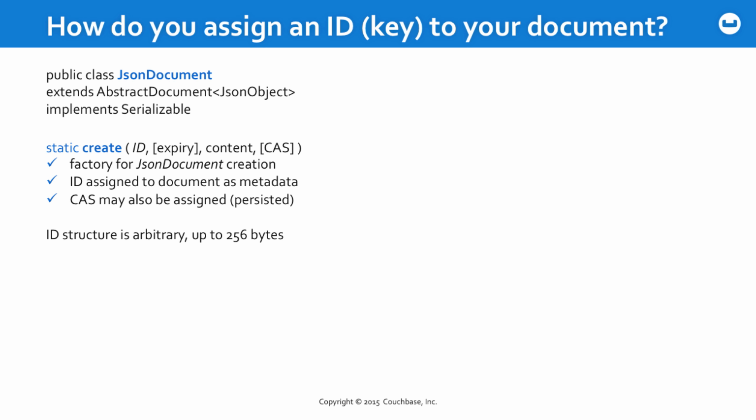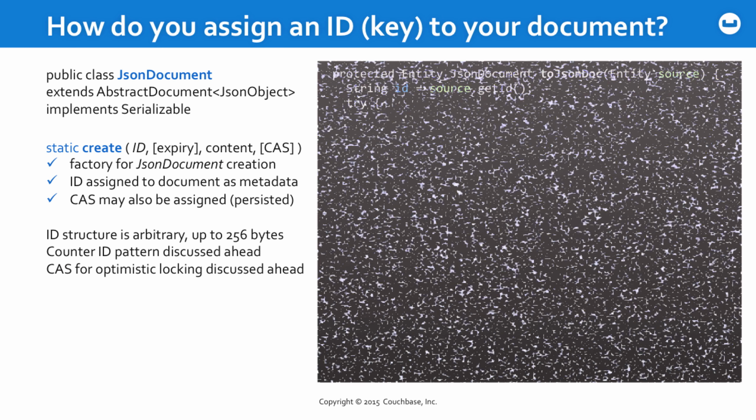It's up to you how you design your IDs, as long as it stays under 256 bytes. A counter ID pattern used to create a global cluster-wide counter and utilize it as part of document IDs is covered in a later lesson in this course. We're also, as I've said, going to be talking about optimistic locking in a later lesson.